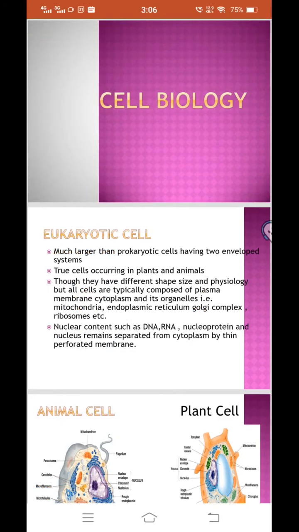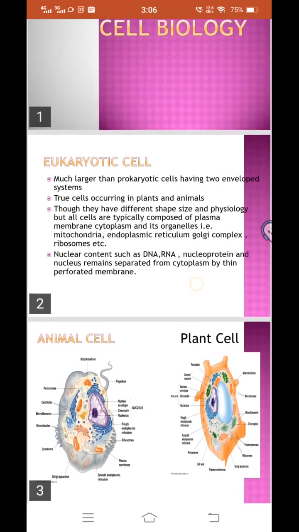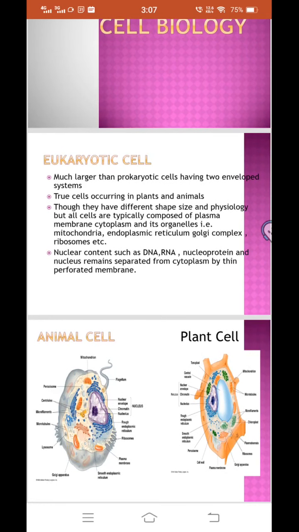Now, these cells have different shapes, different sizes and different physiology, but all these cells are generally composed of plasma membrane, cytoplasm, and different components that are known as organelles, such as the endoplasmic reticulum, Golgi complex, mitochondria, etc. Okay?